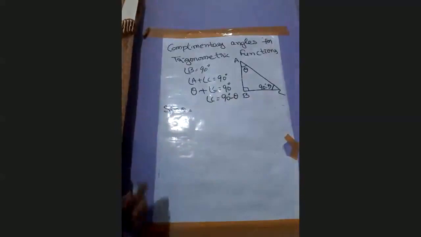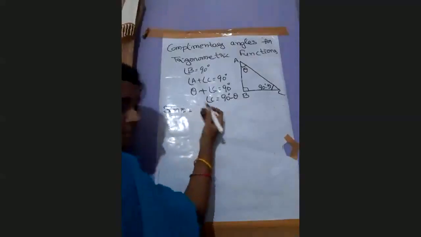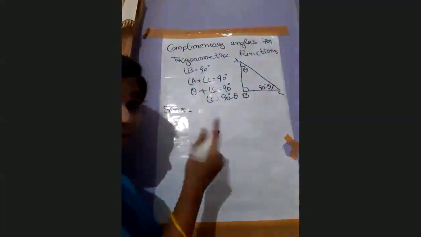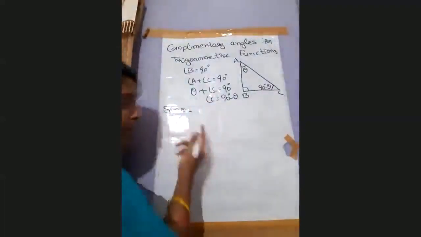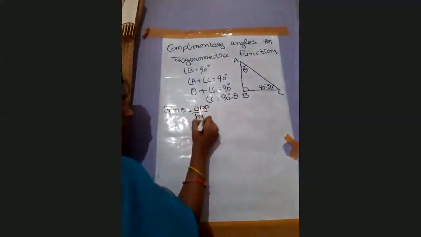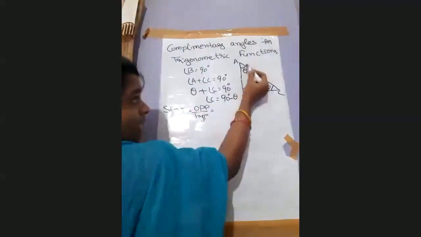Sin theta formula is opposite side by hypotenuse. S is nearer to O, so I told you that S and O have to be linked up. Sin theta is opposite side divided by hypotenuse. So this is theta, and theta is nothing but angle A.